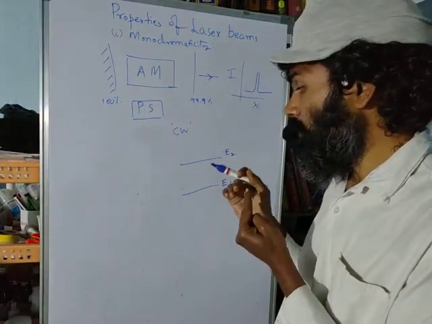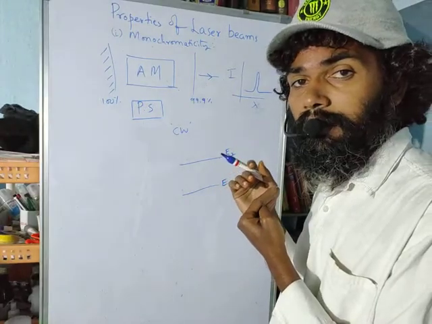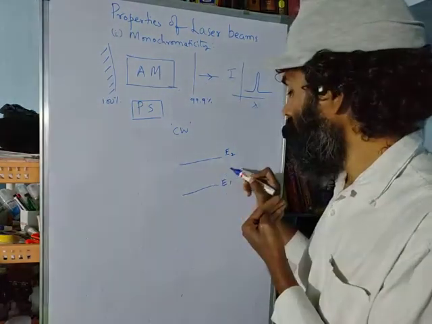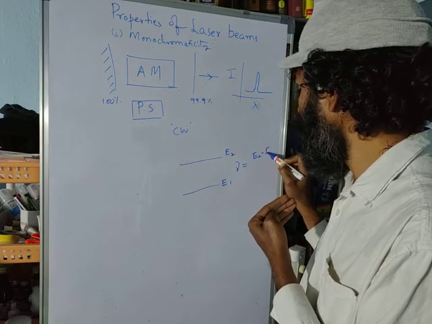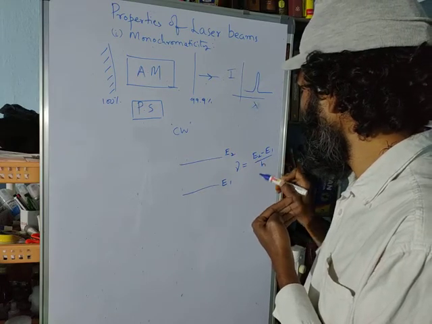So the frequency of the lasing photons can be written as nu equals (E2 minus E1) divided by h.